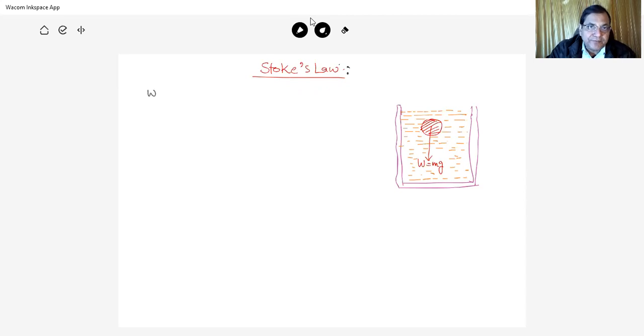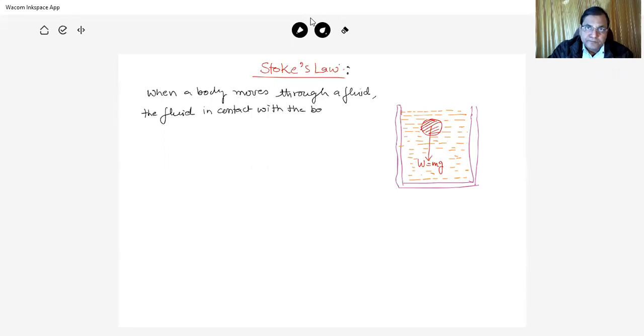So we can say when a body moves through a fluid, the fluid in contact with the body is dragged with it.